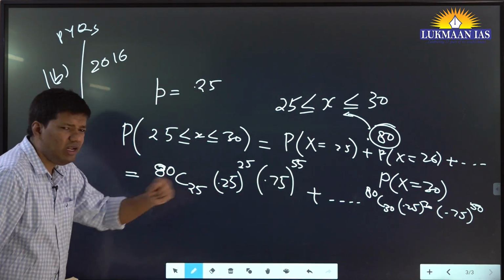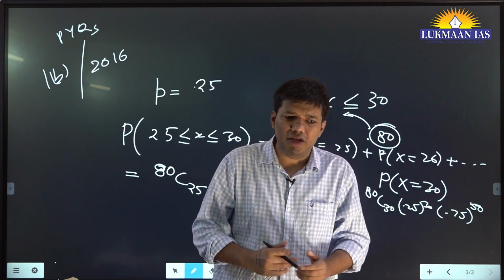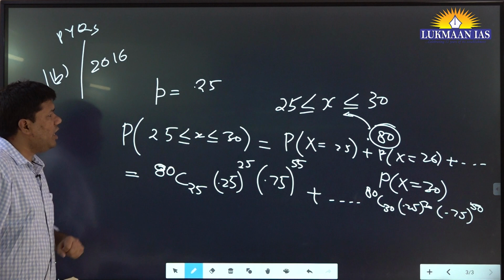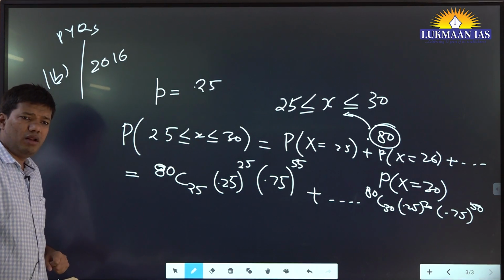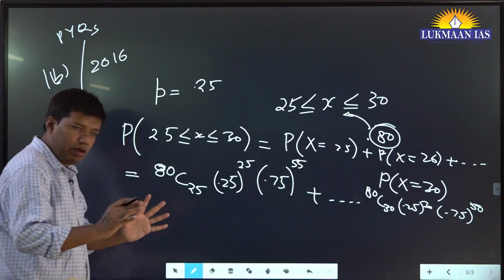But again, can you see this is a lengthy method? But always remember, there is a binomial approximation to normal, right? So a question can be done by binomial as well as normal, depending upon the parameters.